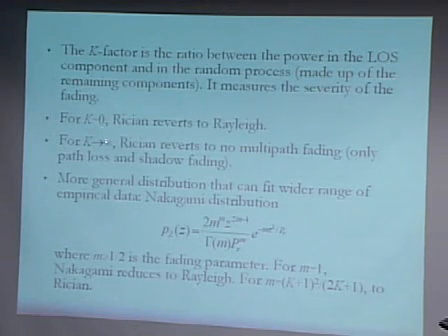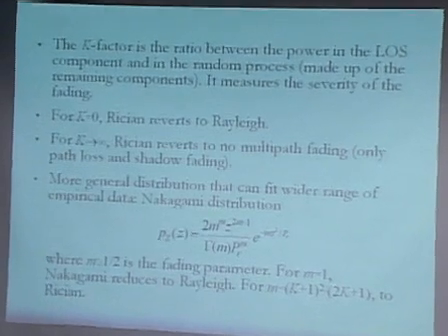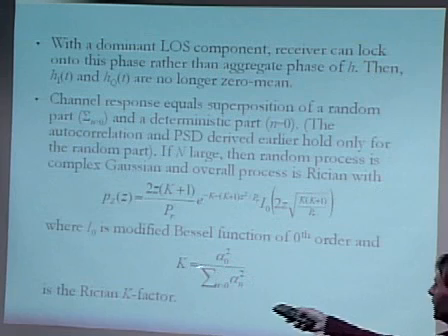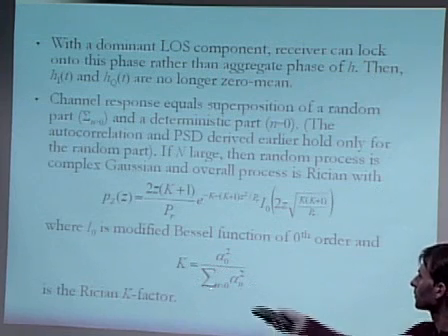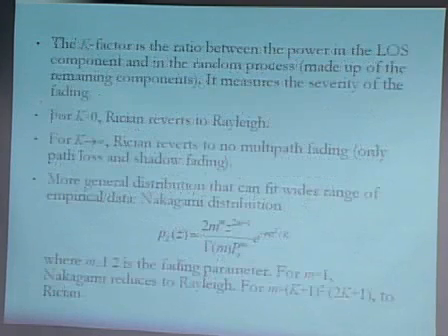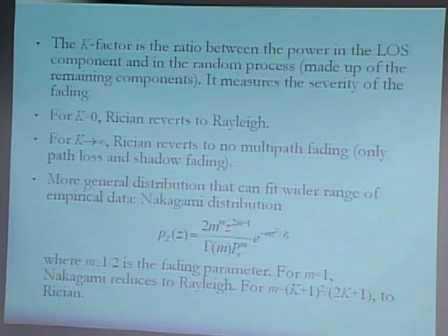In the other extreme, as k goes to infinity, we find that, okay, let's go back. If k goes to infinity, it means that this whole thing is going to 0. Okay? Which means that we only have line of sight. There's nothing else. And if there is only line of sight, we go back to this idealized setup where there is nothing in the universe, there's no reflections, there's only the line of sight. So there is no fading. Okay?